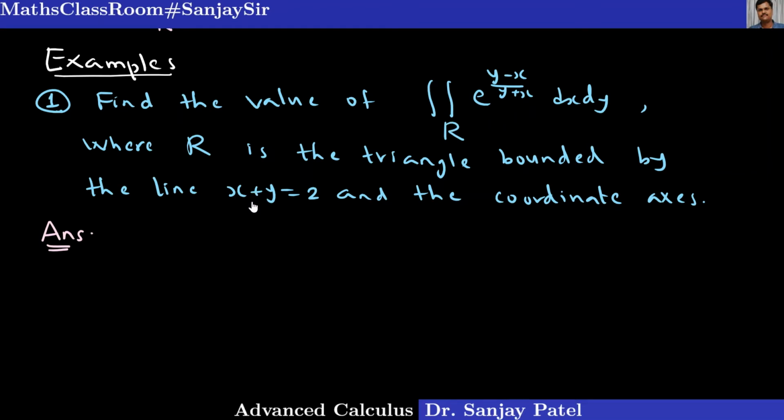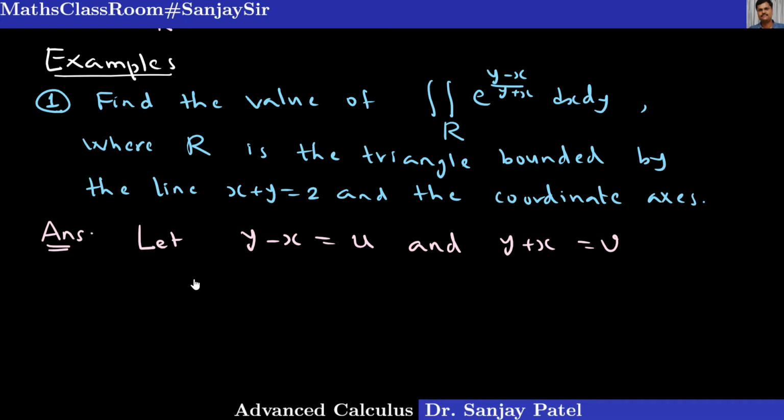So let me take some substitution for x plus y and for y minus x. Say y minus x is equal to u, and let me put y plus x is equal to v. Let me take these substitutions and see what happens.